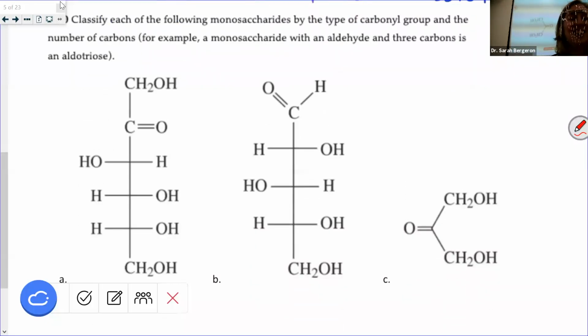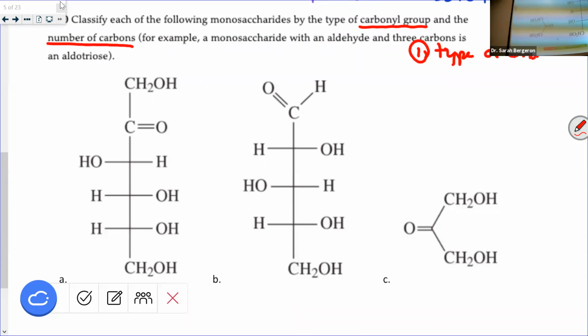Okay, classify each of the following monosaccharides by the type of carbonyl group and the number of carbons. We're going to divide this by the carbonyl group and the number of carbons. Anytime you're doing this, there are actually 3 parts to this naming system. First, you're going to tell me the type of carbonyl.